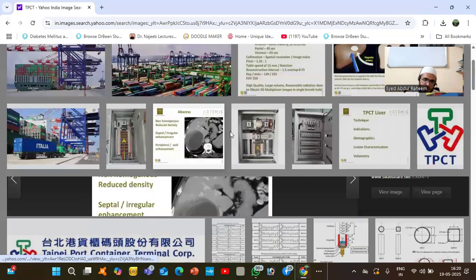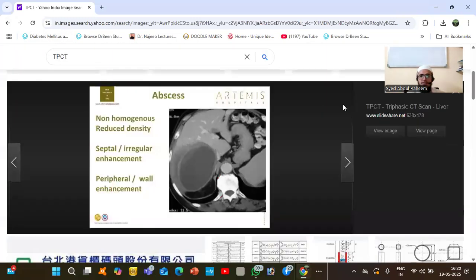We can see that it is the triphasic CT, TPCT, or TPMRI.